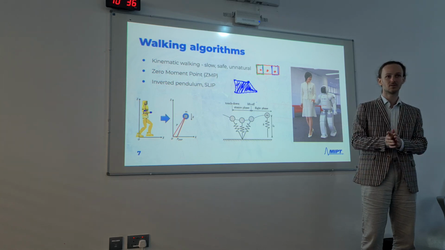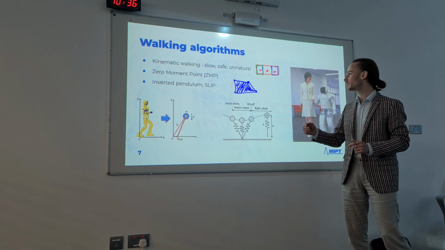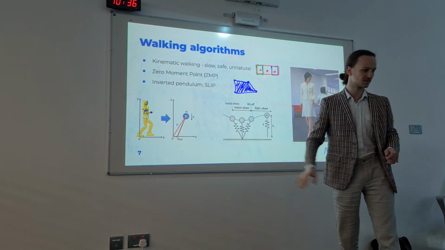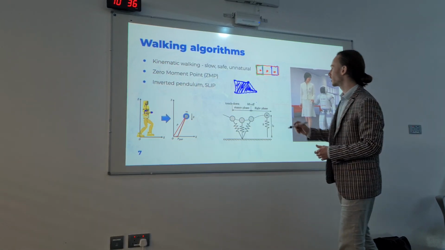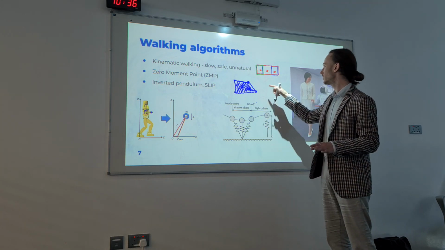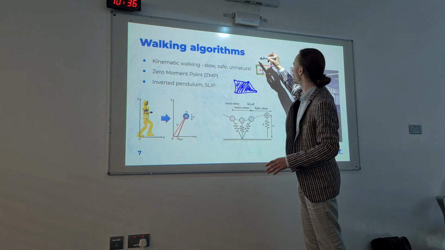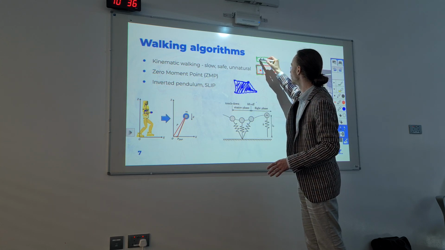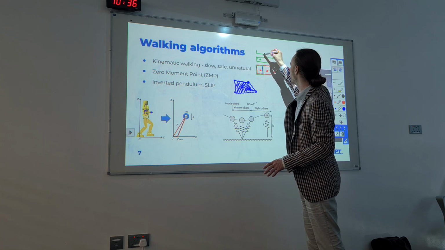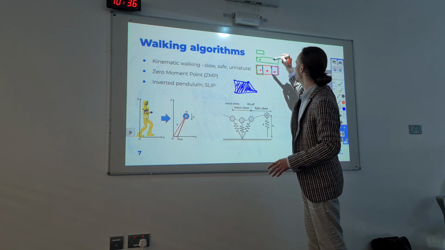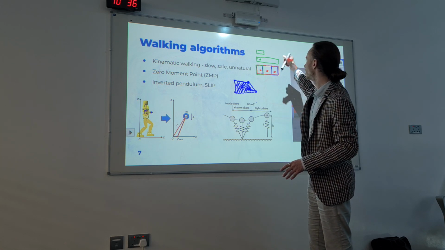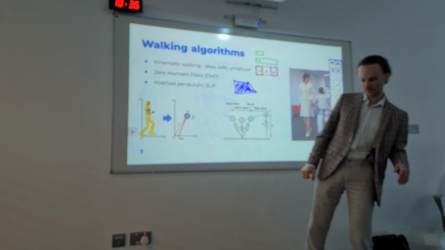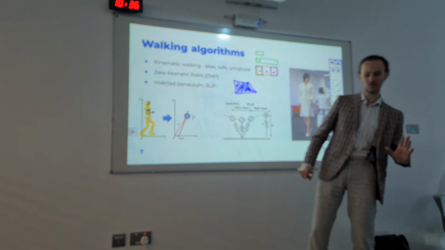How does this walking look like? Well, it turns out that it looks like this, but just propagated in time. So let me draw that. First we stand on two feet, then we move the center of mass to one of the legs, then we lift the other one, then we move the leg, bless you. Then we move the leg while still standing on the left one.